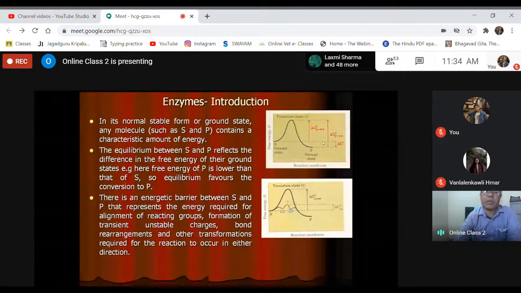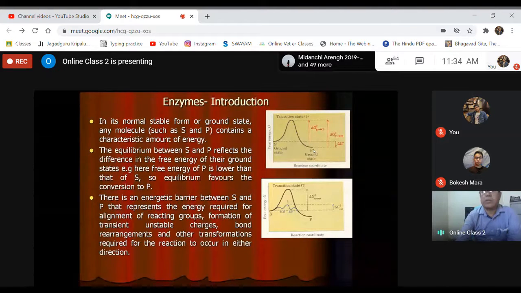Okay, in this graph now, here we are showing one as the S, that is the ground state, then another one is the P, that is also in the ground state. The S stands for the substrate, then P stands for the product. So the substrate and the product have a certain amount of energy level.